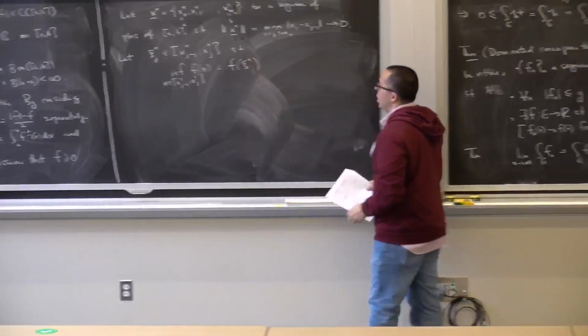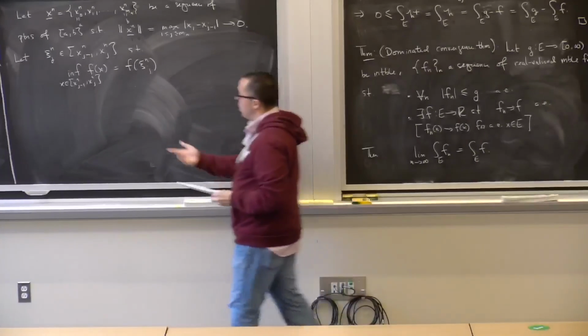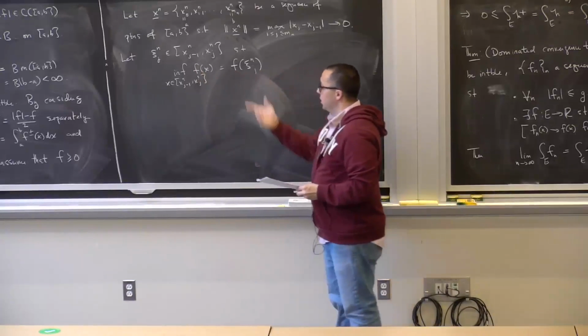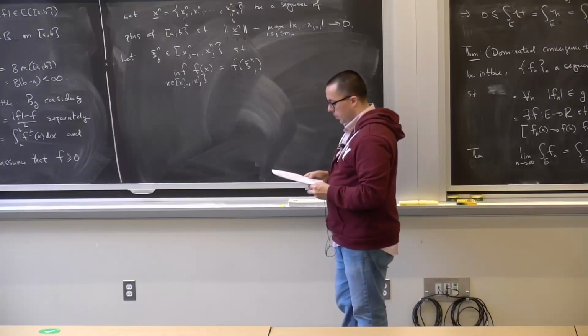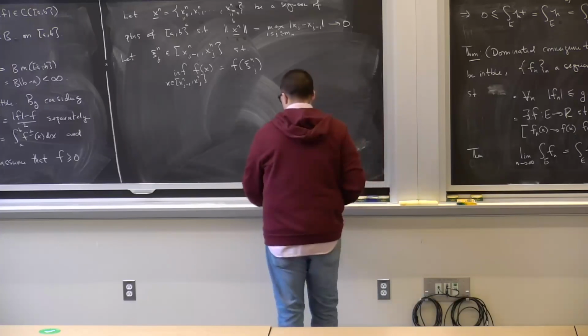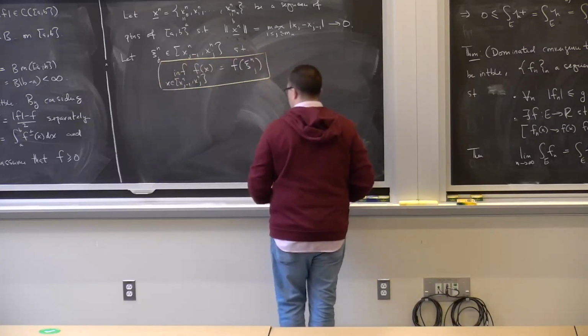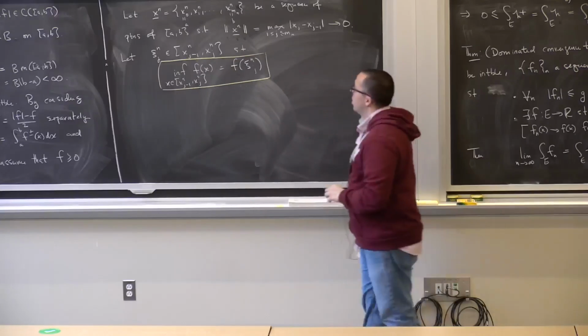Okay, so on this subinterval, f of x is always bigger than or equal to f of c_j^n. Okay? So this is how I'm defining the c_j^n. All right?